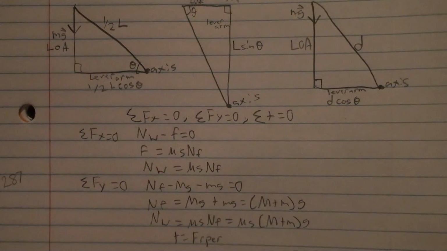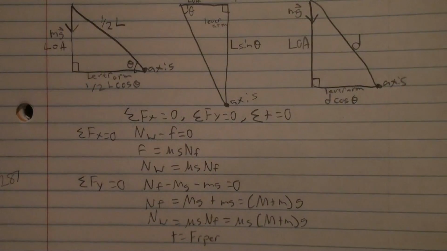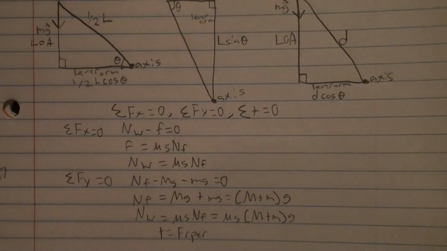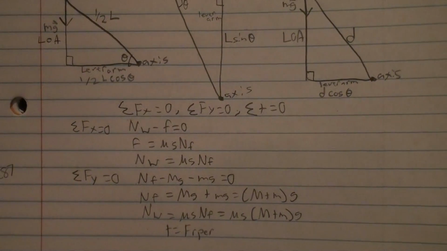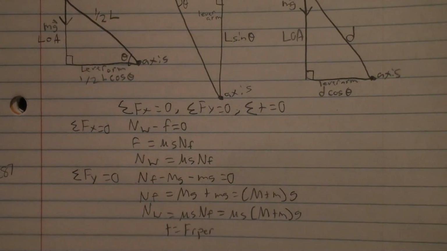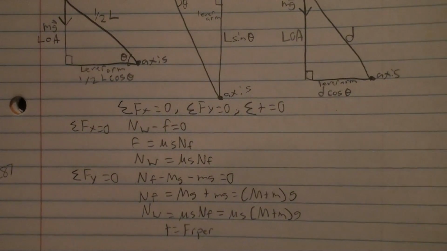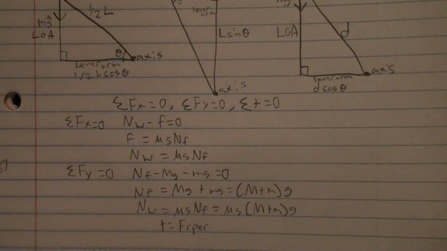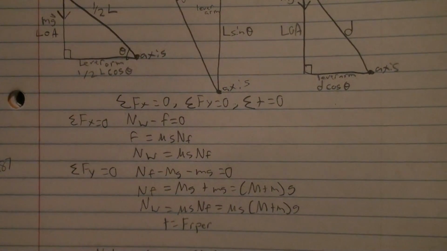Then I moved on to the next condition, the sum of the forces in the y direction equal to 0. That gave me N sub F minus capital Mg minus mg is equal to 0. The only unknown quantity in this equation is N sub F, so I was able to solve for it: N sub F is equal to capital Mg plus mg, which is capital M plus m times g.